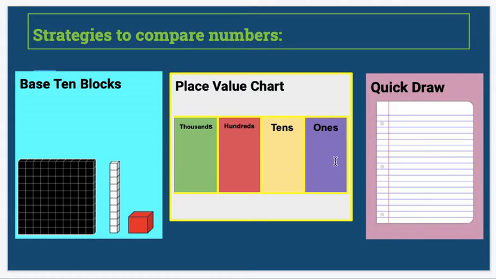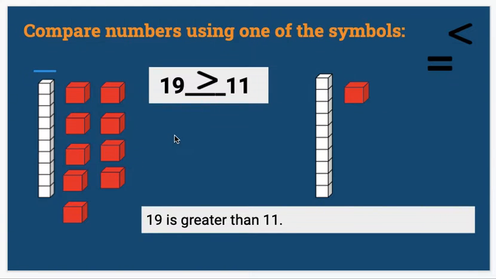You all have been working on this place value chart for the past few weeks, dividing the numbers into the ones place, the tens, and the hundreds. Or you can do a quick draw, or you can also use your math manipulatives, the unifix cubes, to figure out the quantity of the number and find out which one is greater than, less than, or equal to. Let's look at a couple of examples.